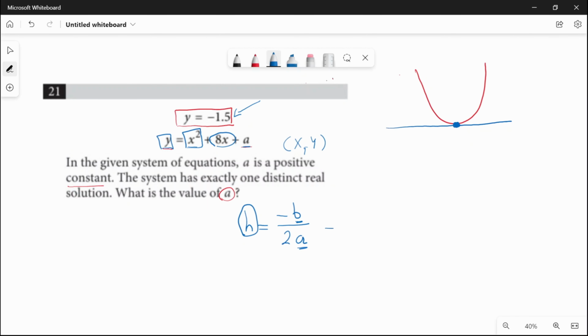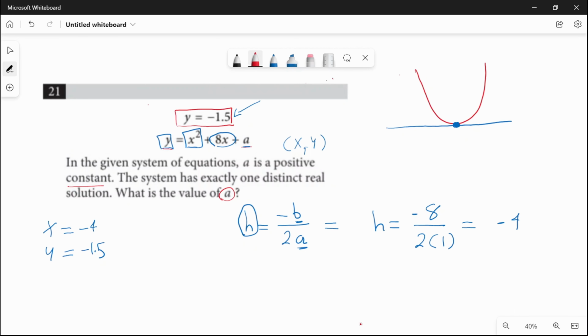So we can rewrite that as h equal to negative 8 over 2 times 1, which is the same as negative 4. So now we know that the x-coordinate of the vertex point in this quadratic function is equal to negative 4, and the y-coordinate of the vertex point is equal to negative 1.5.